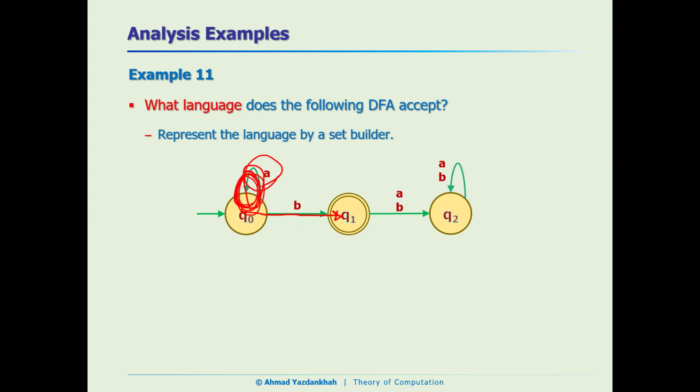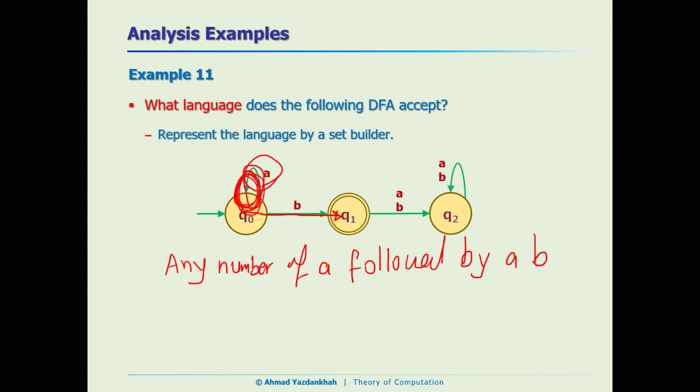So any number of A's followed by a B. This is the explanation of what language will be accepted by this machine.